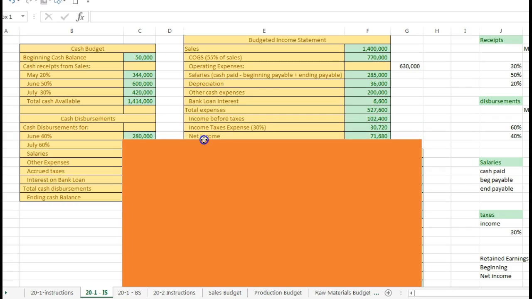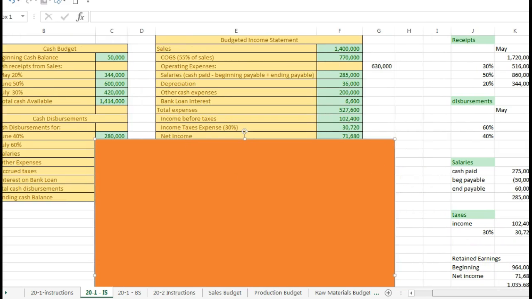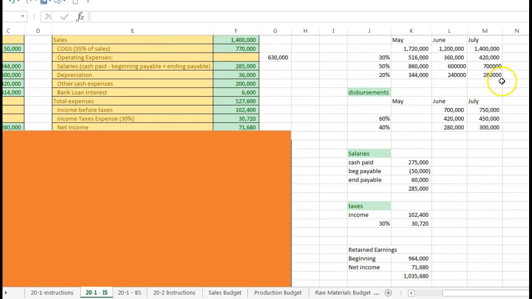Now what are my cash disbursements? Again, because I'm paranoid that way, I did a table so that I don't have to keep thinking about this, that I can just look at it and see. And their explanation is they pay 60% in the first month, or 30 days out, and they pay 40% in the second month.